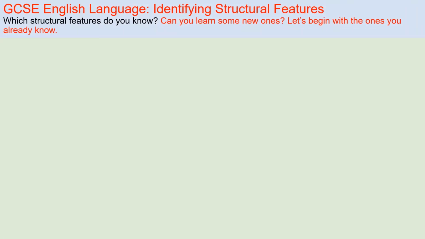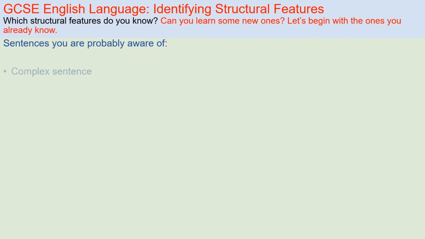So we can then ask ourselves, what are we identifying? Which structural features do you already know? Can you learn some new ones? Let's begin with the ones you already know. Sentences you're probably aware of.